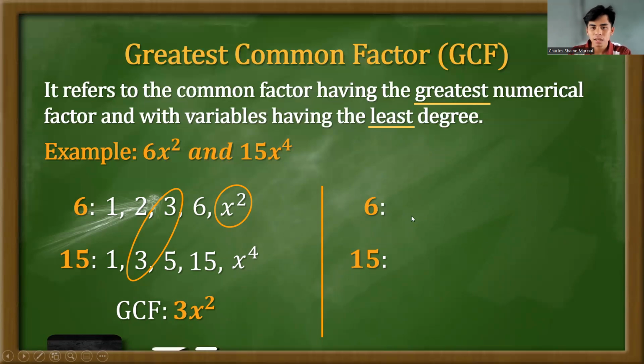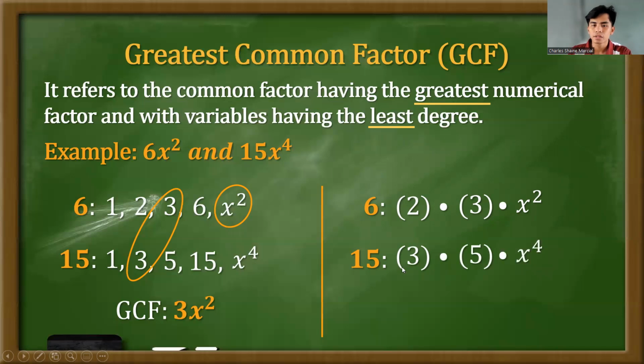So dito sa 6, ano yung pwede nating i-multiply to get 6? That is 2 times 3. Alright? So ilagay din natin yung x squared. And for 15, we have 3 times 5. Okay? So ito na yung prime factors ng 6 and 15. For 6, we have 2 times 3, that is equal to 6. And for 15, that is 3 times 5 equals 15. Okay, itong x squared and x raised to 4, ibababa na lang natin.